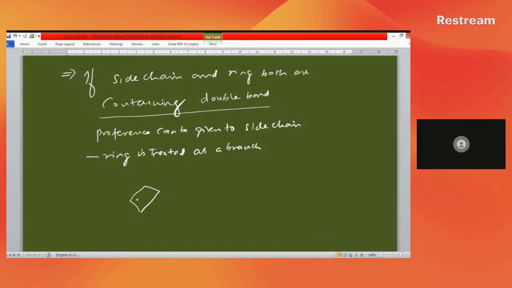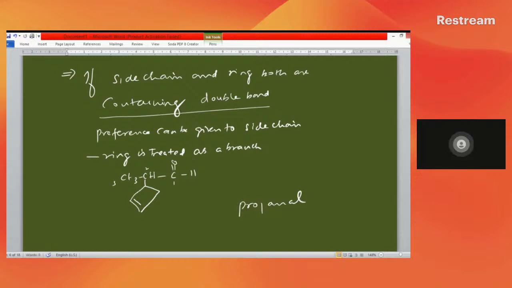It's a ring structure. Here there is a presence of CH3, CH, C double bond OH. And the preference should be given to the functional group. 3 carbons are there, so it must be called propane, without any doubt.